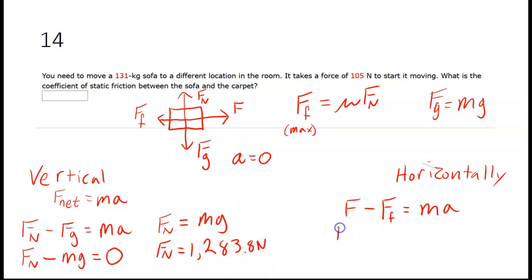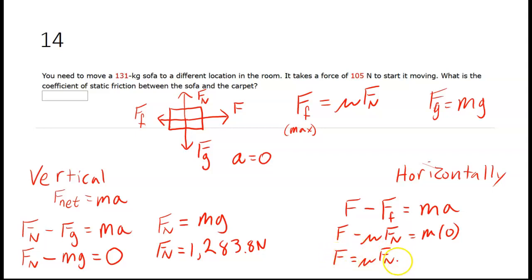When I make a substitution for the frictional force over here, I can say mu times Fn is equal to m times 0. Well then that force needed to get it to start to move is going to be equal to mu Fn.